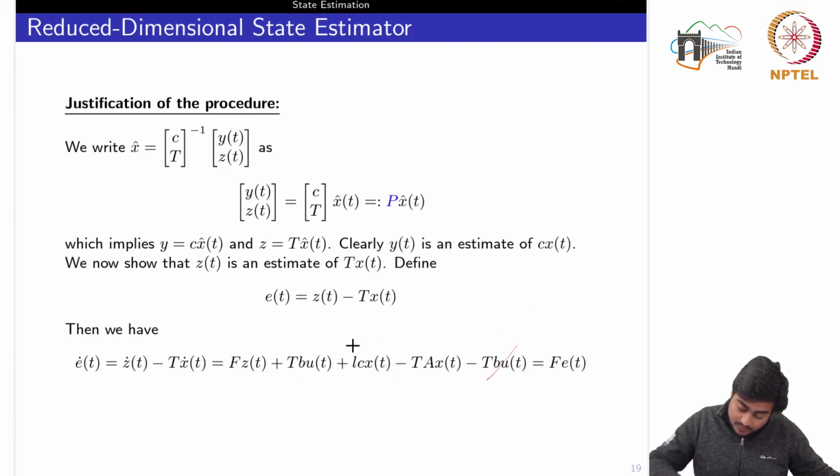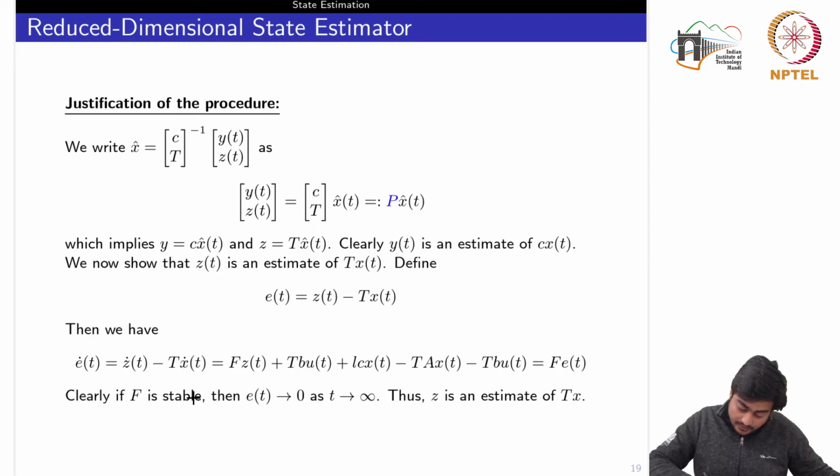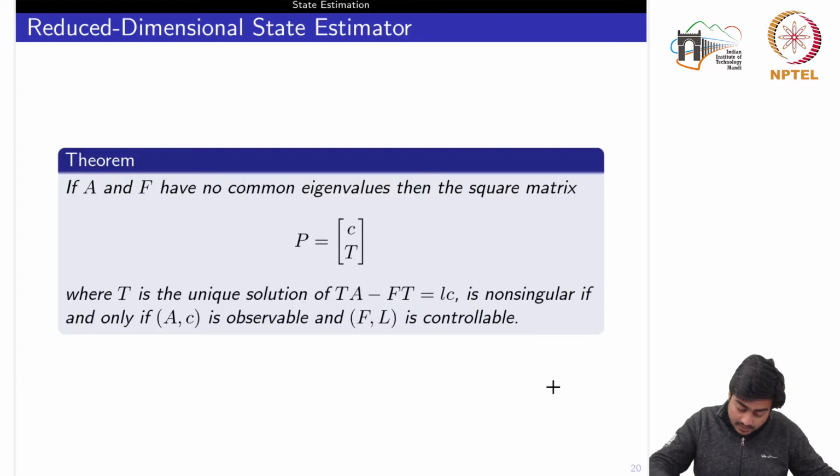In a similar way some of the terms will cancel out and the rest, after combining, would finally give us the relationship E dot equals F E. We have already selected F as a stable matrix, so it ensures that E(t) tends to 0 as t tends to infinity, thus z is an estimate of Tx. So this reduced dimensional state estimator helps us to estimate the complete state, though the dimension of the estimator is not the same as the dimension of the plant.